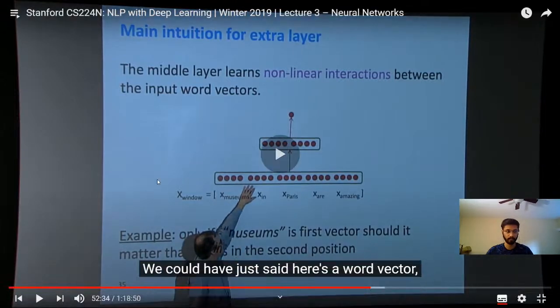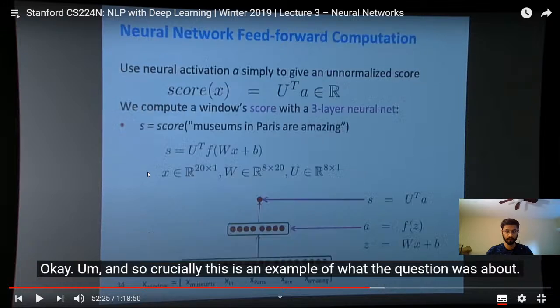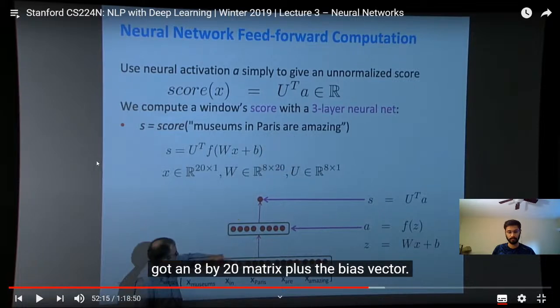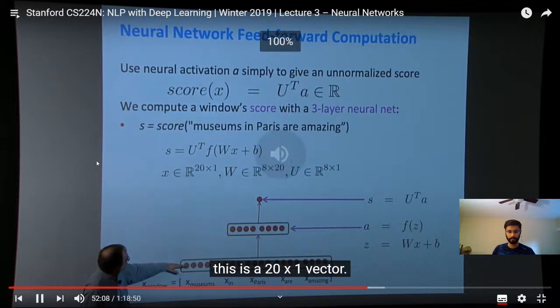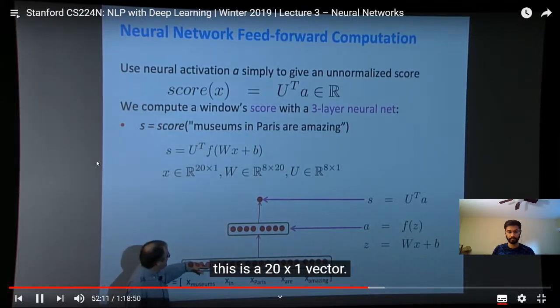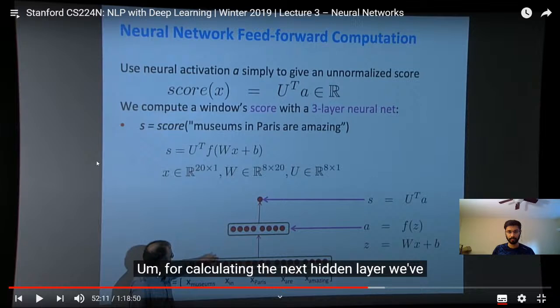Let me review one quick thing. So the x is 20 by 1. Why is this 20 by 1? 4 per word.